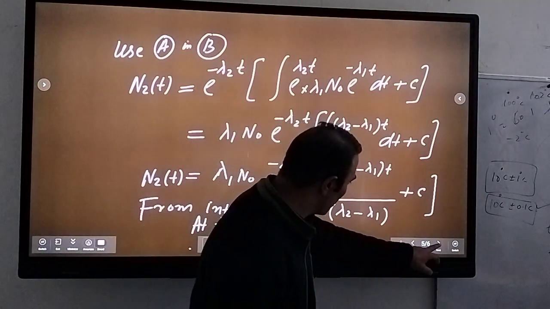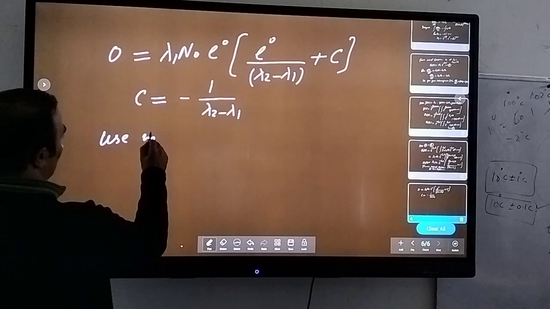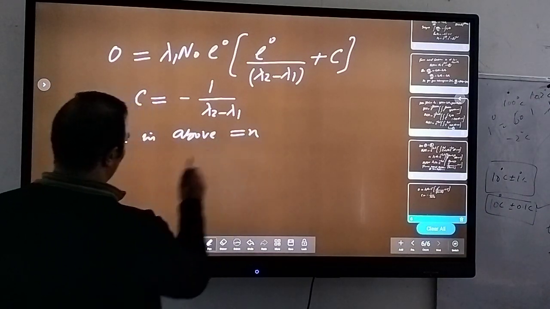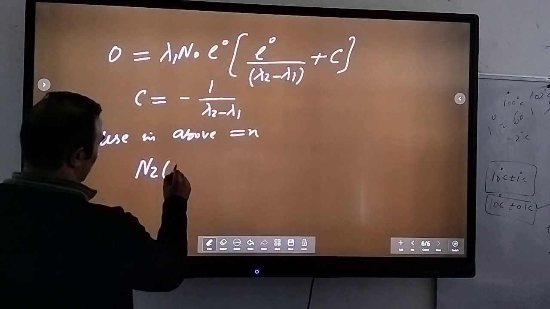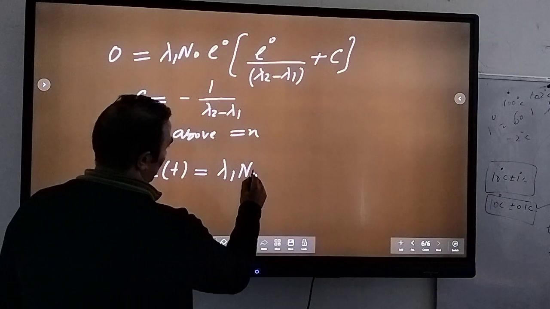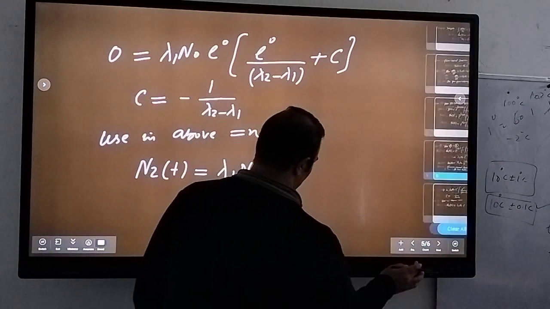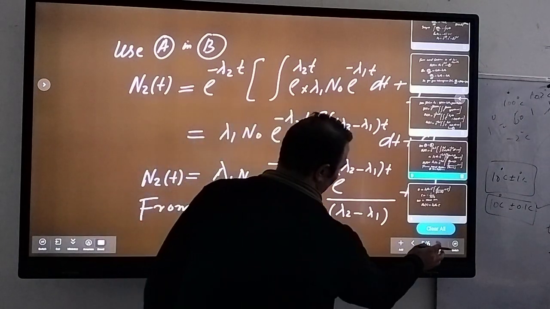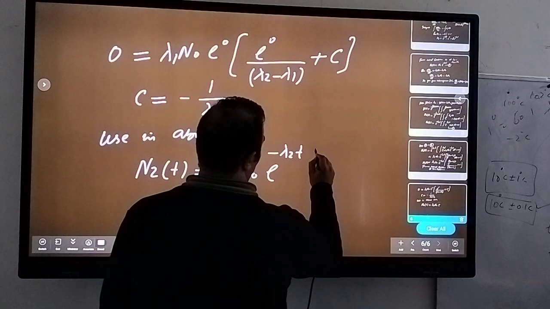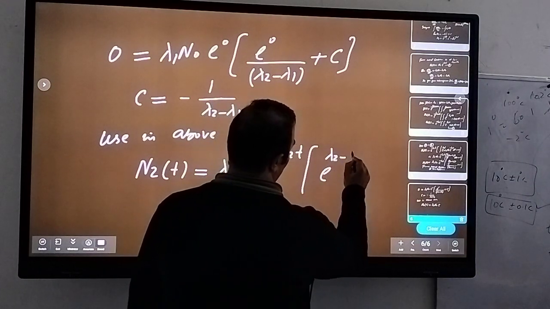So that means जो हमारी equation है, so use above equation, that's n2 of t is lambda 1 n0 e power minus lambda 2 of t, and inside will be e power lambda 2.